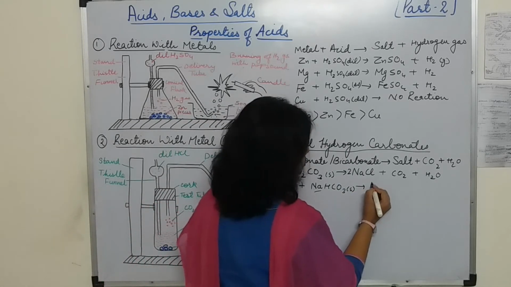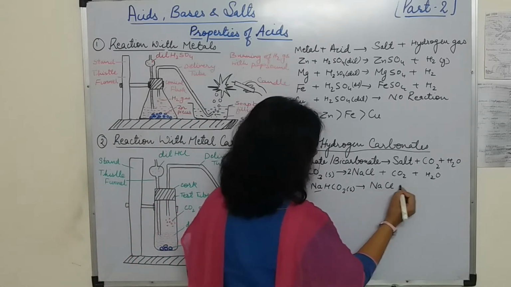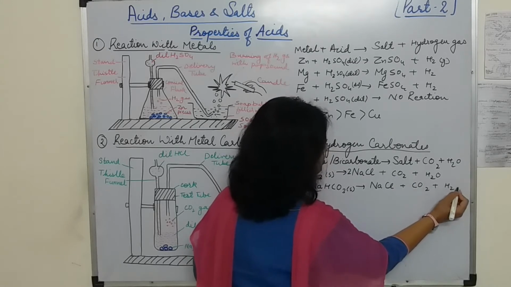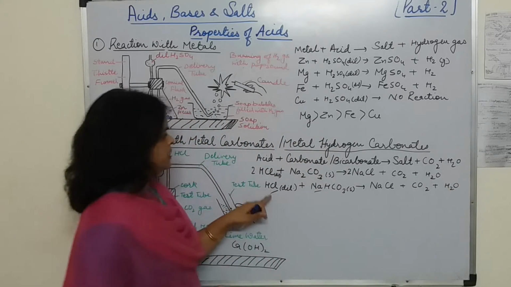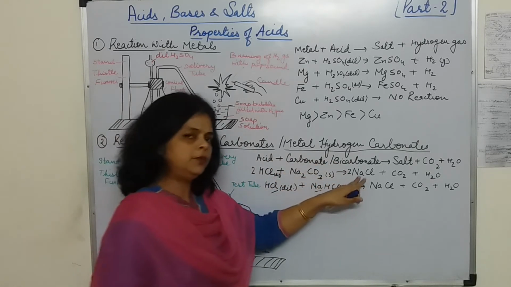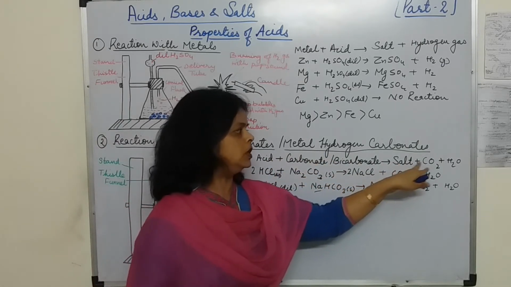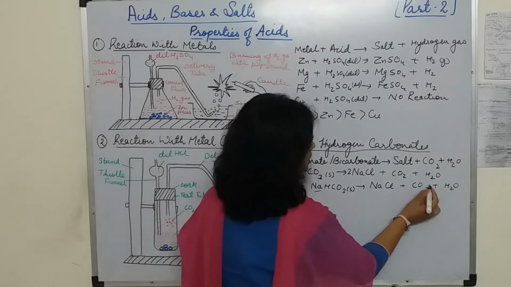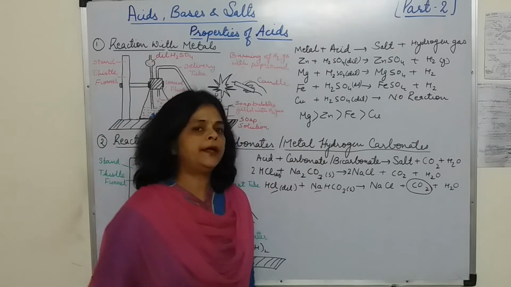So the formula of the salt will be NaCl along with CO2 and H2O. So whenever acid combines with any carbonates or bicarbonates, the product will always be salt, carbon dioxide and water. Now see students, here the gas formed is carbon dioxide.